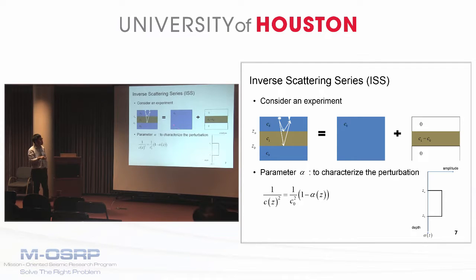Here, I would like to mention that where this amplitude change occurs indicates where the reflector is, and how much this amplitude change is will give us the specific velocity change across the reflector. So where this amplitude change is, is an imaging problem, and how much this amplitude change is, is an inversion problem.